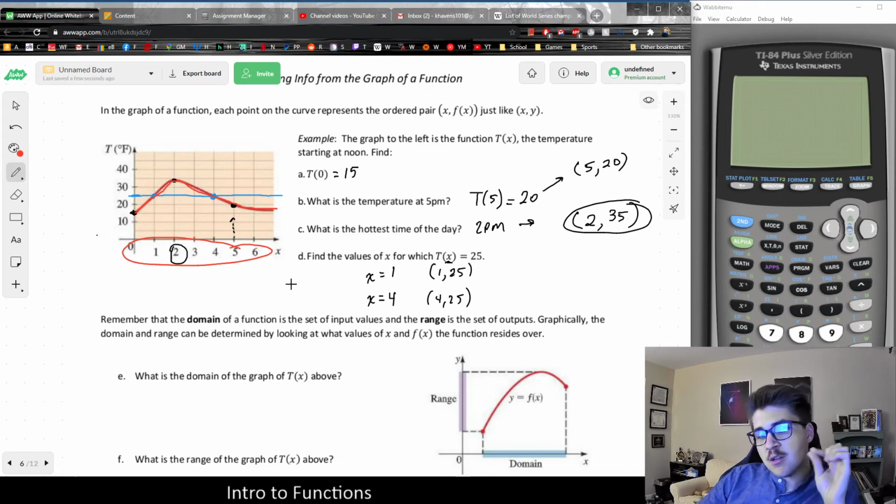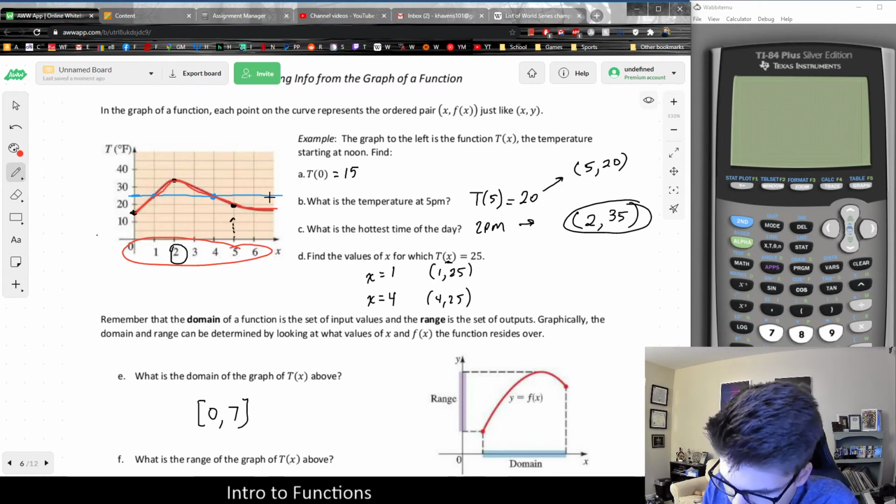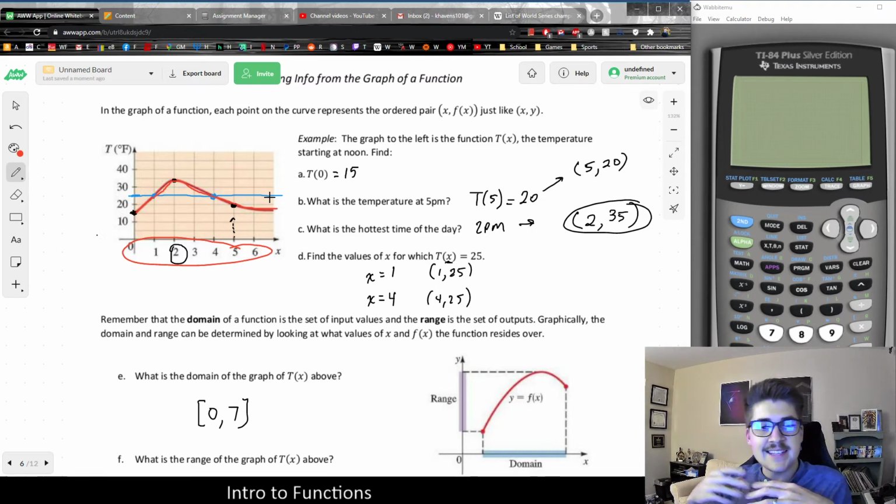But if you're dealing with a very specific graph, you would usually want to write the domain based on what you're presented with. So I'd say the domain of this graph is 0 to 7, because we have information going all the way to 7. And I'll use brackets on my interval because the endpoints of the graph are usually implied to be closed circles and part of the graph.